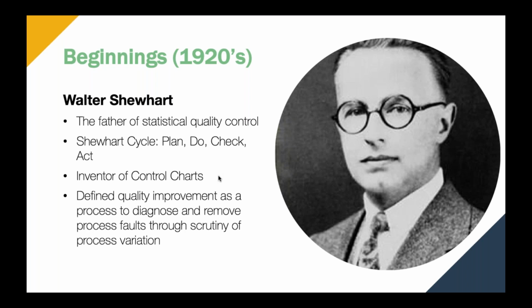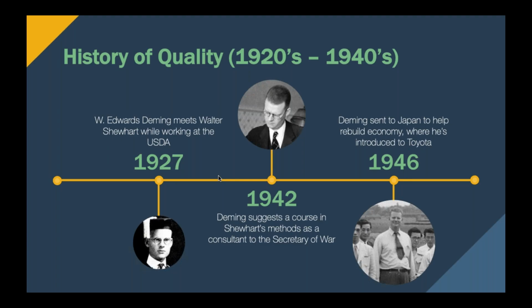He was the inventor of control charts and defined quality improvement as a process to diagnose and remove process faults through the scrutiny of process variation. And the way this relates to solar is in enabling us to eliminate those process problems where you find yourself rolling a truck again and again and again over the same issue and can't seem to correct that in your processes.